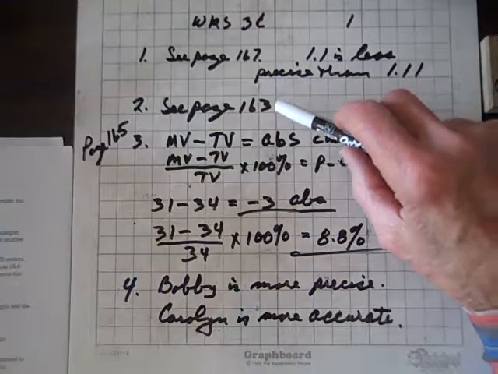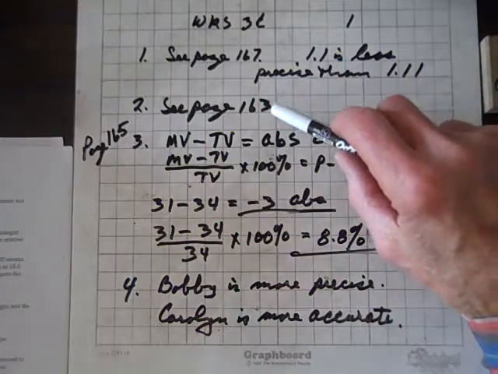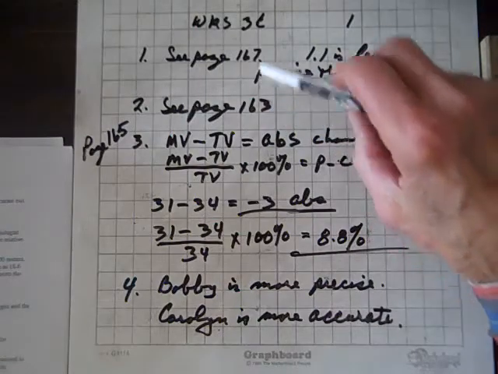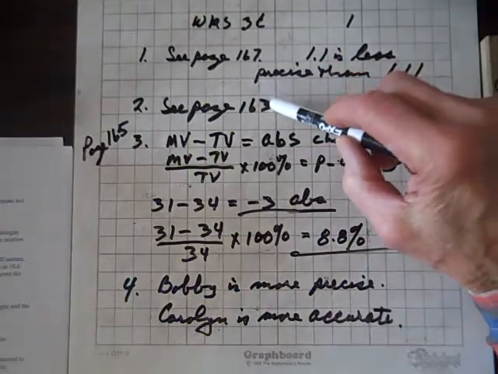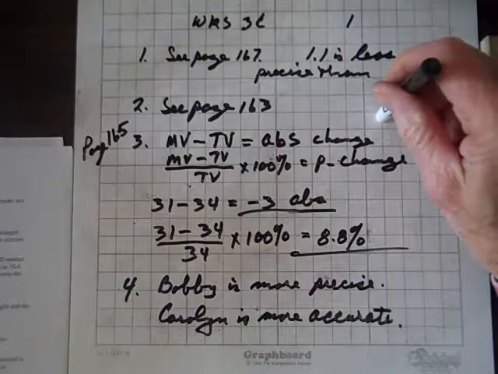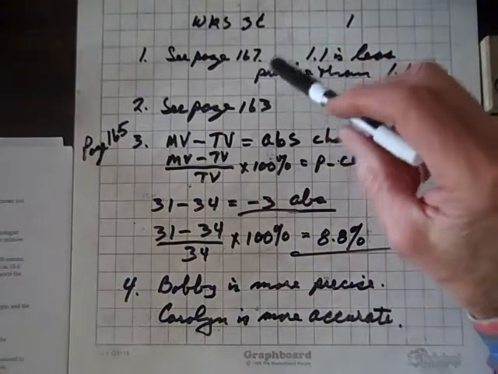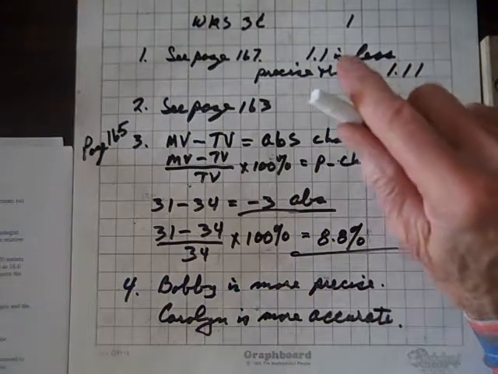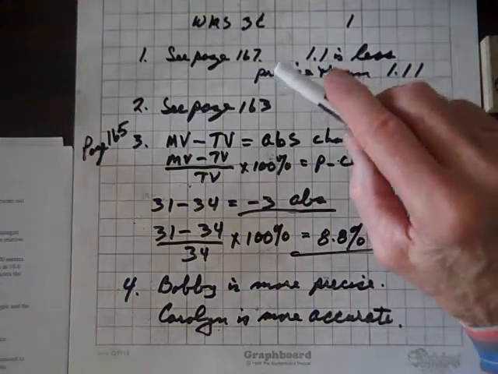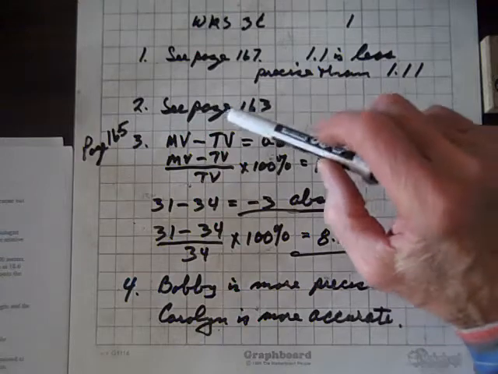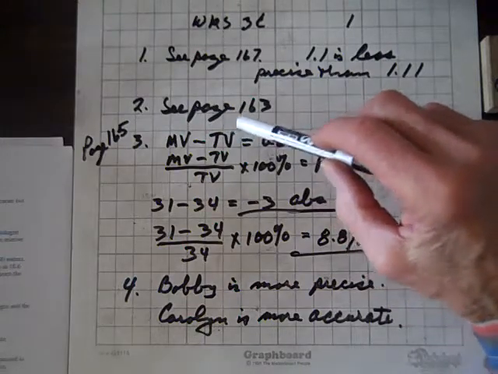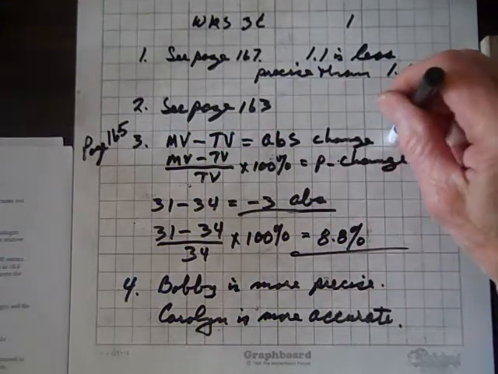Give the meaning of a systematic error and give an example of a systematic error. Well, you can find this on page 163. Now on page 165 it talks about error and how to compute absolute error and percent error.